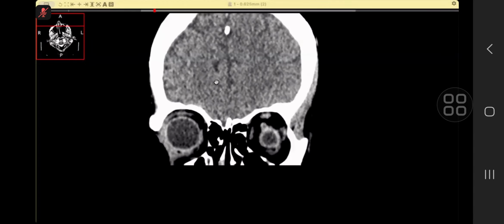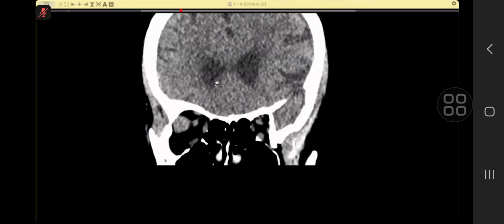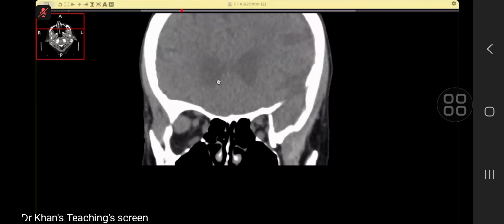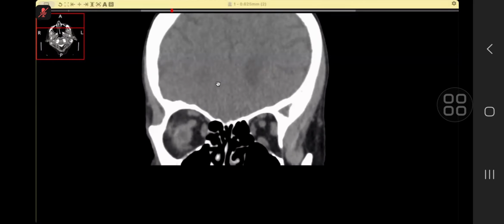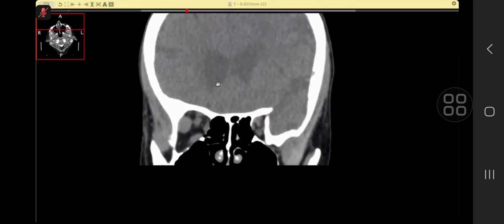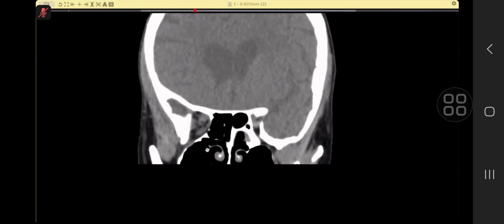There is somewhat thickening of the inferior part. I'm trying to appreciate whether it is the inferior rectus muscle. The inferior rectus muscle is normal. There's just some inflammatory stranding seen in the periorbital region.